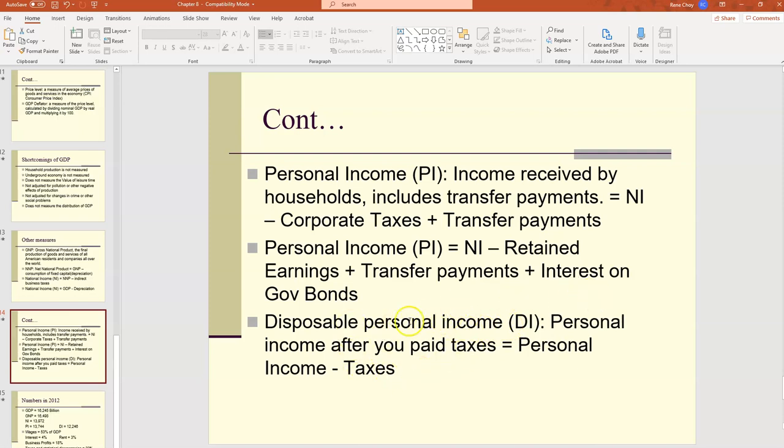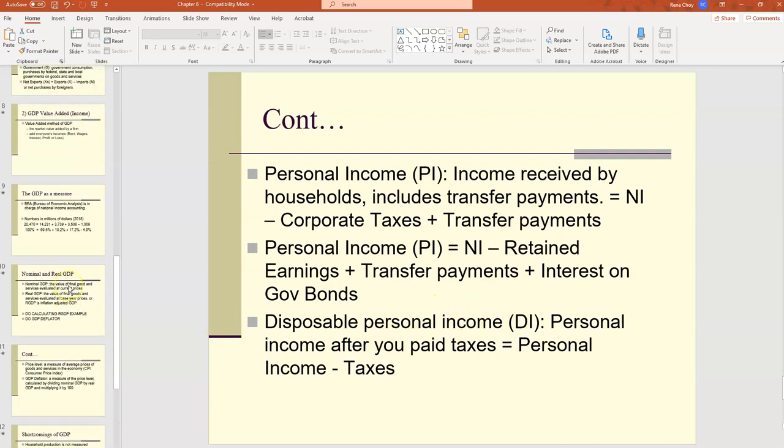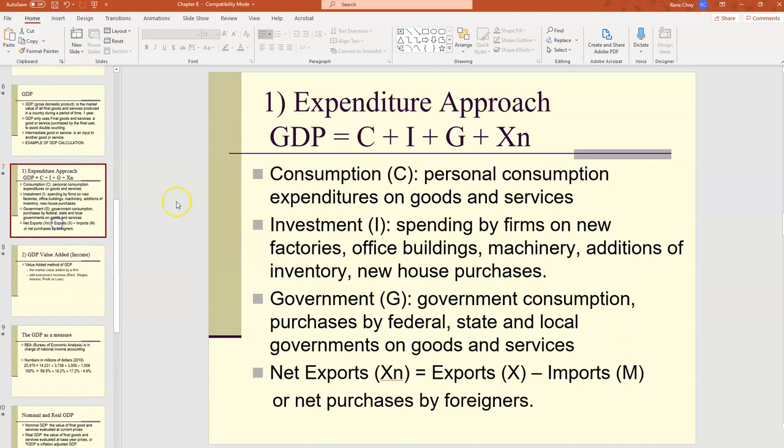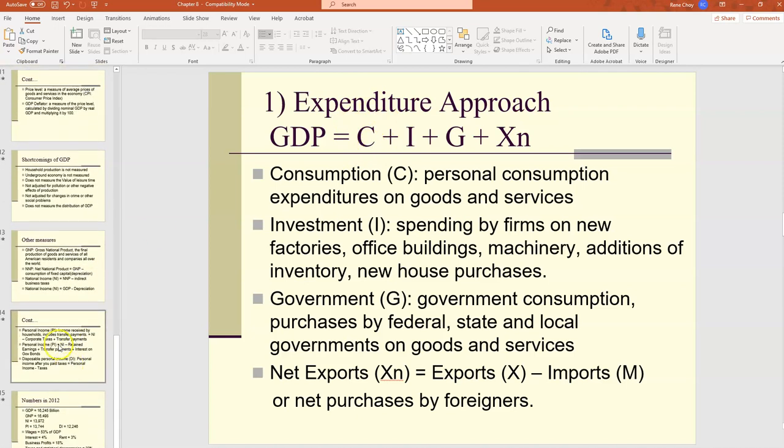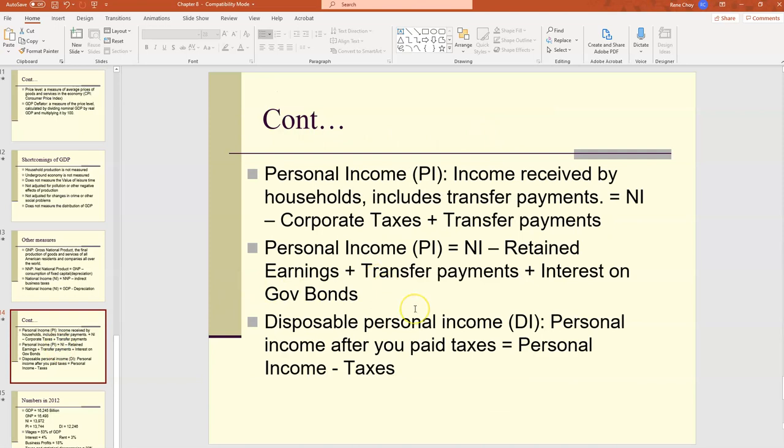Eventually, disposable income becomes really important because disposable income is the one that we use in order to flow back into the consumption sector for economic activity. So we'll talk about the difference between disposable income and personal income in further chapters down the road.